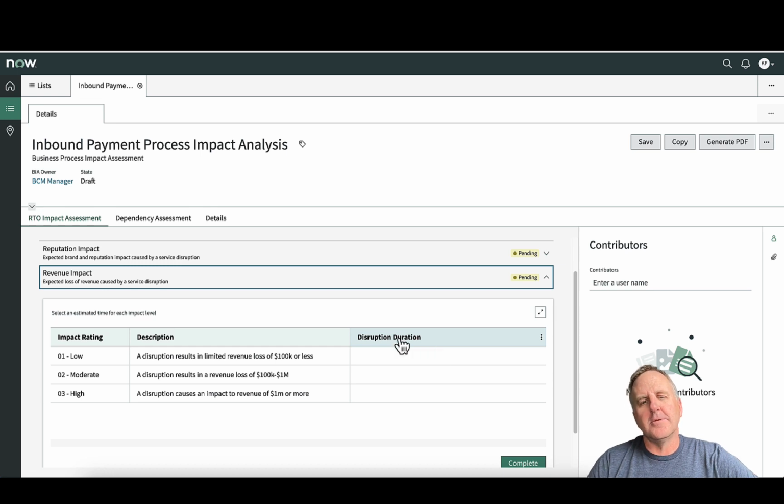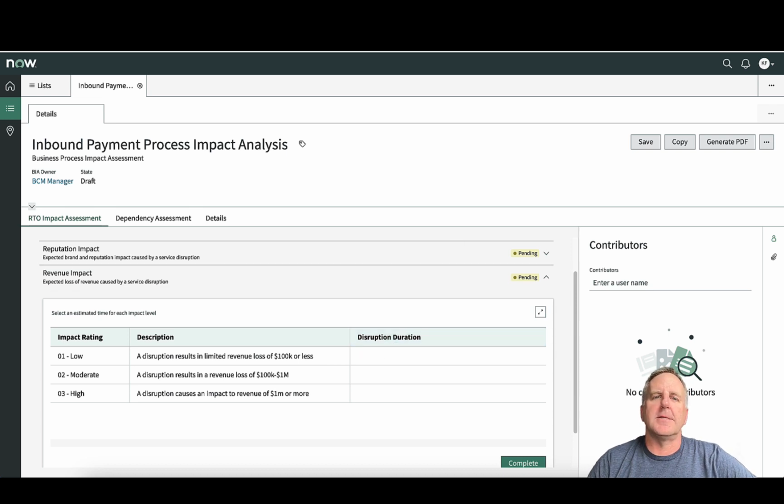Now, there can be some confusion around this because some people think that it's about when you ask, what's the impact, right? They're asking, well, if I have a disruption, I have a big impact, right? I have a moderate impact. There's a critical impact to the organization if I have an outage.